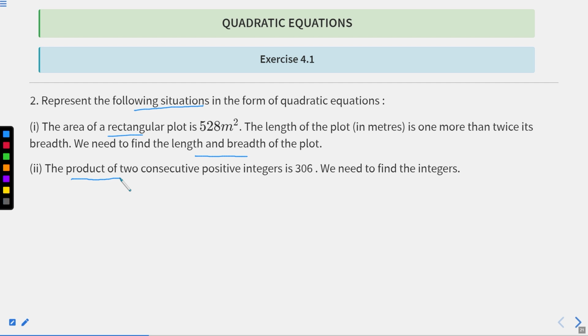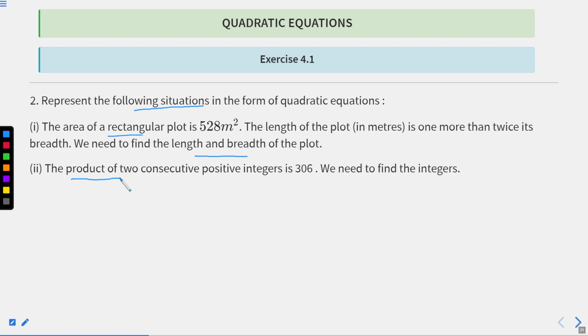We have to represent this situation in the form of quadratic equations. Here we can first let the two consecutive integers be x and x plus 1. Now if we take the product, x times x plus 1 is equal to 306. If we simplify this, we'll get the required quadratic equation.